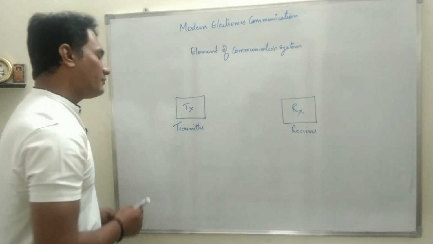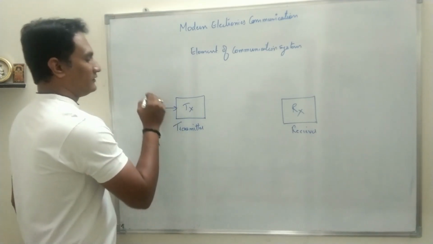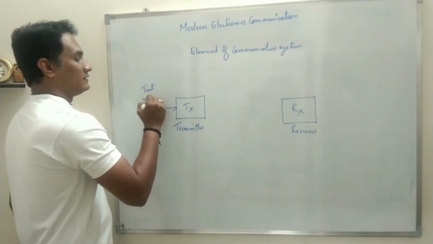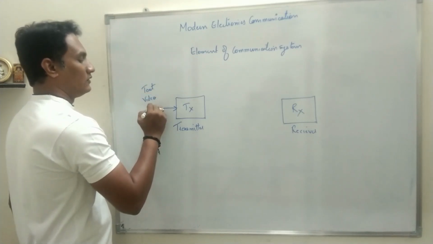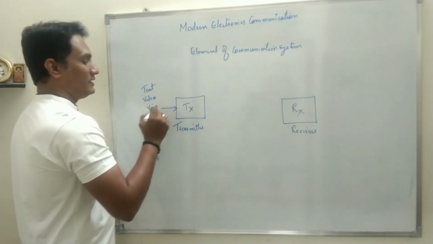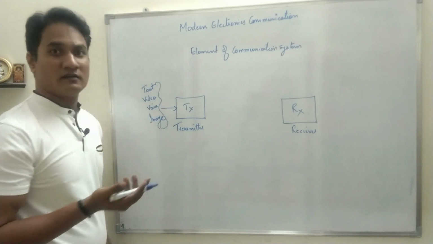So what types of information are available? Information can be text, video, voice, image. These are nothing but the information.